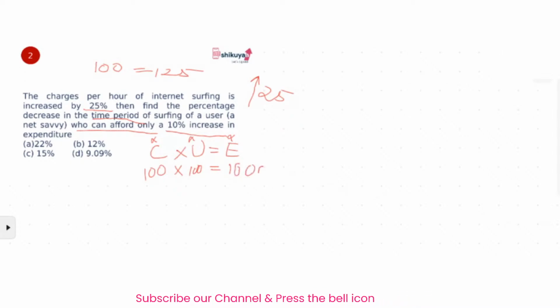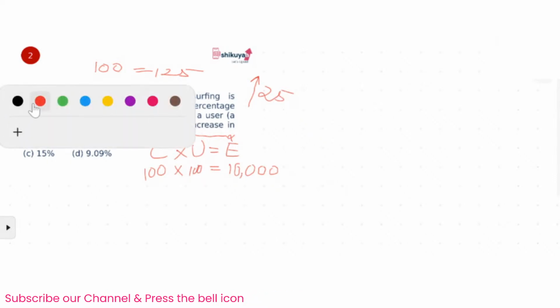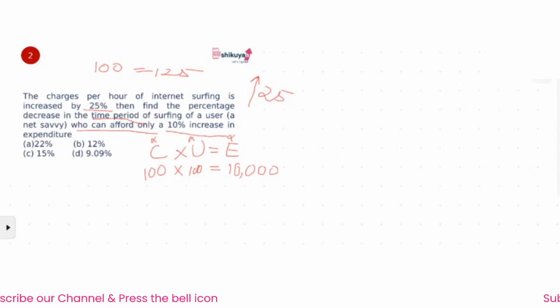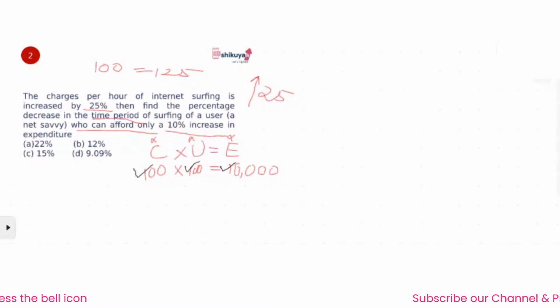So eventually the expenditure becomes 10,000. Am I right? So the initial cost of internet before the increase was 100, the usage was 100 units maybe, and the total expenditure, which is a multiplication of these two, is 10,000.